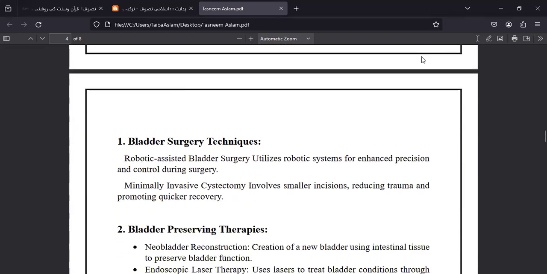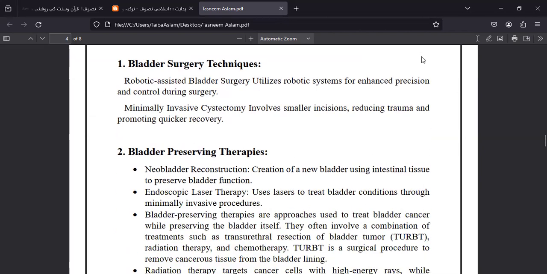Next, I will discuss bladder surgery techniques. Robotic-assisted bladder surgery utilizes a robotic system for enhanced precision and control during surgery. Minimally invasive cystectomy involves smaller incisions, reducing trauma and promoting quicker recovery.